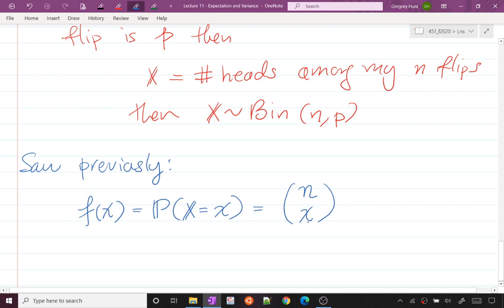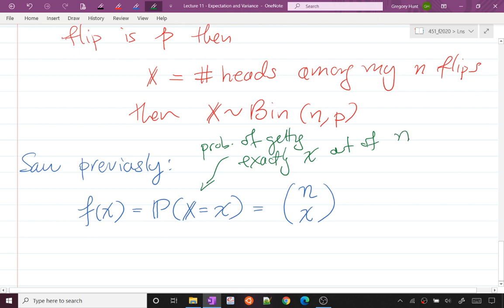This is the probability of getting exactly x out of n heads. I don't know which of them, but x of them are going to be heads out of my total of n. So I choose which of the n coins are going to come up as heads.